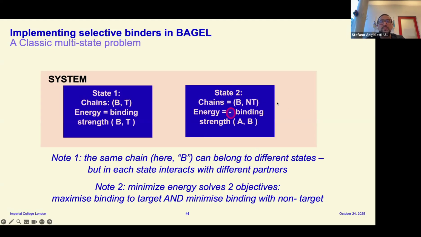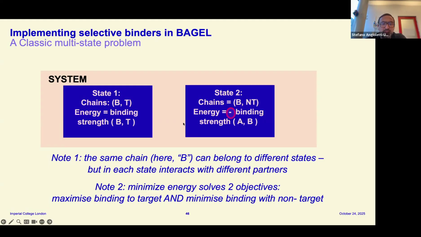It can be 1, 2, 3, 4, 5 chains corresponding to other proteins that you do not want to bind. Now, the energy for state one is the binding strength between your binder chain and your target. For state two, we take minus the binding strength between B and NT.